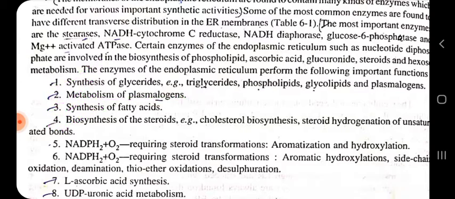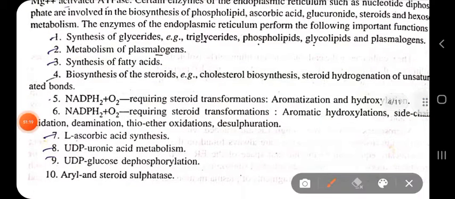Then other functions: NADPH2 plus O2, which is required for steroid transformation like aromatization and hydroxylation, side chain oxidation, deamination, thioester oxidation, desulfuration. So these are required for steroid transformation, and for this we require NADPH and O2.